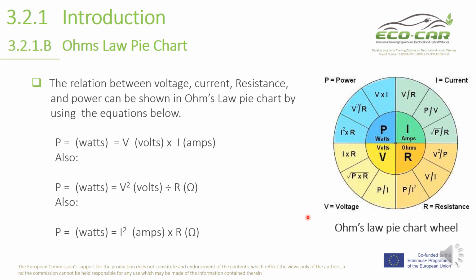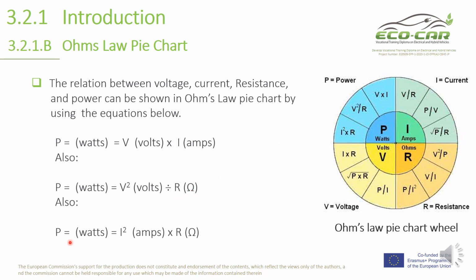So these are the equations: power in watts, V in volts, and I with unit of ampere. So power equals voltage times current, and watt equals volts multiplied by amperes. Also power, you see here, watt equals V squared divided by the resistance, as you see here.